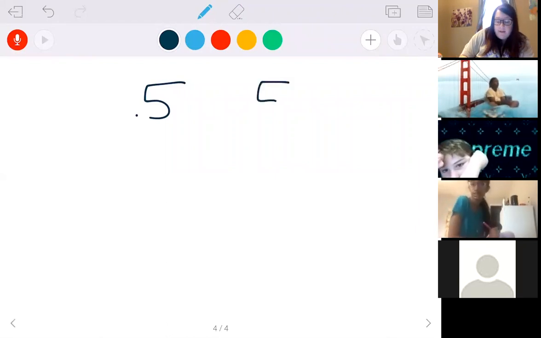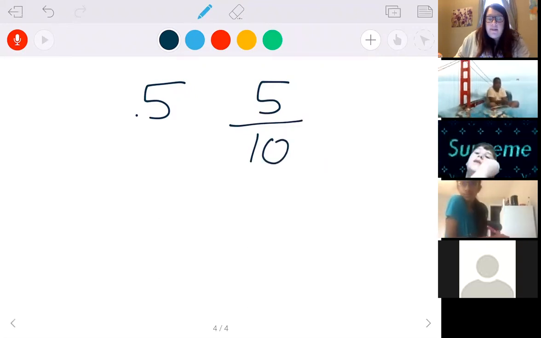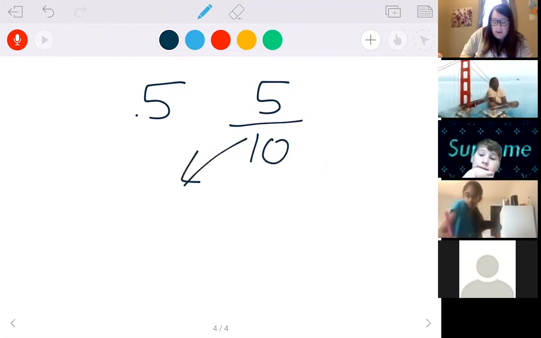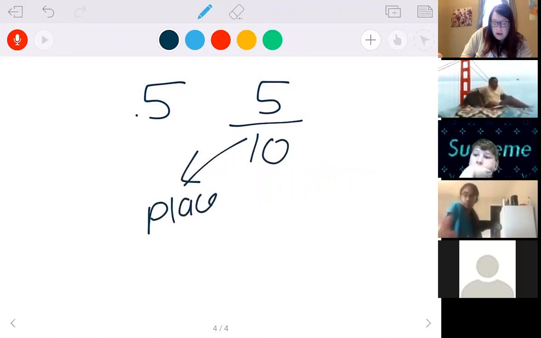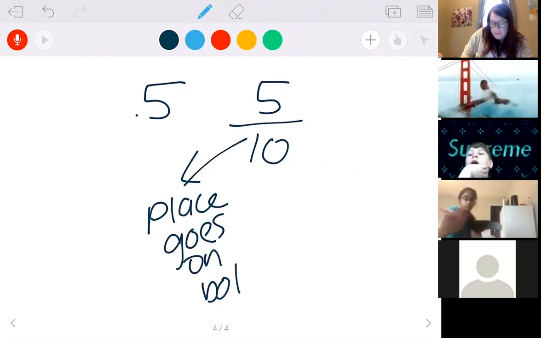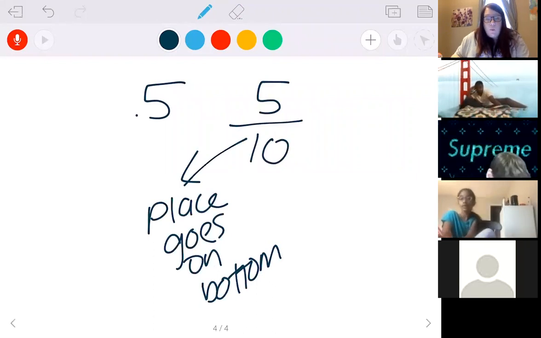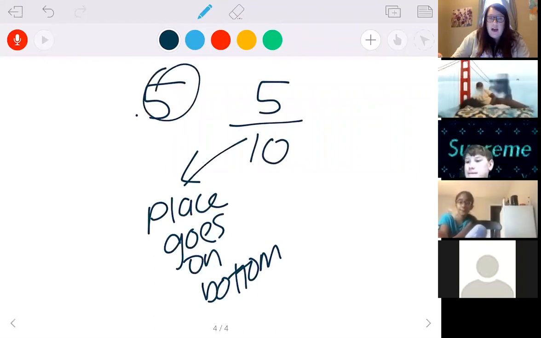So 5 is the number I have out of 10 because tenths is the place. So the place goes on the bottom. This is the tenths, so I put that on the bottom of the fraction. Whatever this number is goes on top.